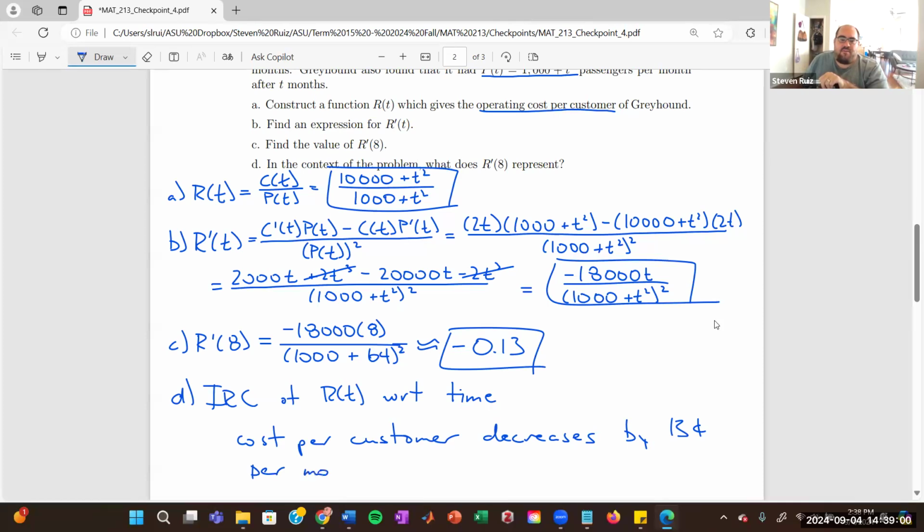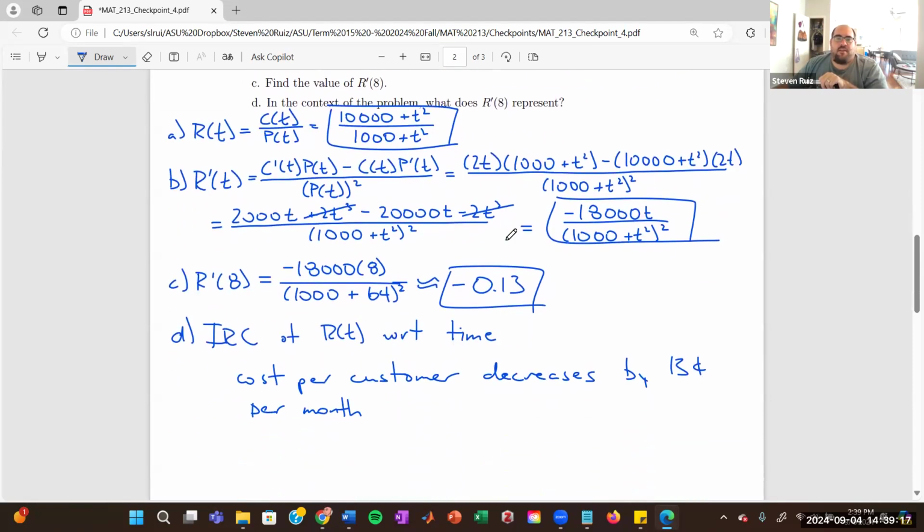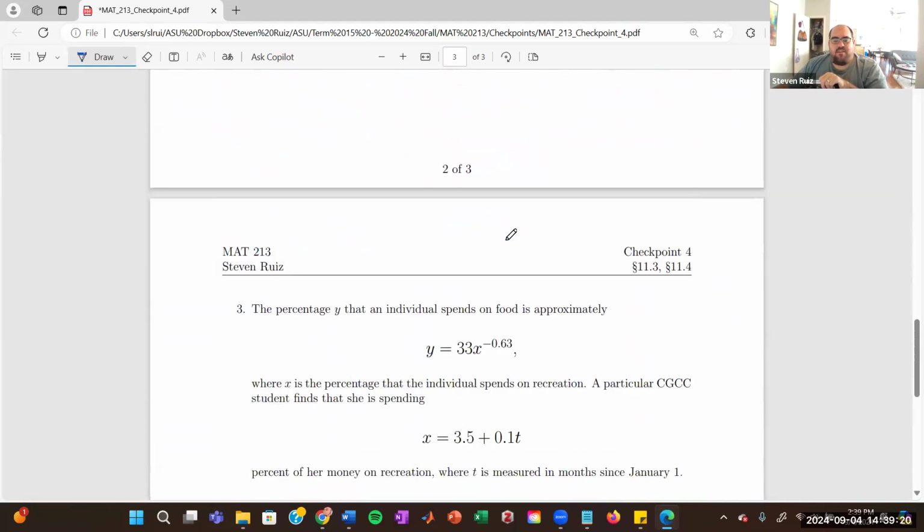Per month, because that is the unit our time was measured in, I believe. Yep. So that derivative tells us that our cost per customer is decreasing by 13 cents per month. That's an instantaneous rate of change at this value of time, T equals 8. All right, moving on to question 3.